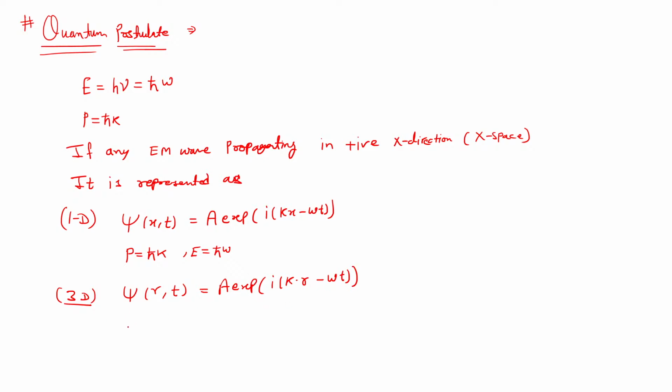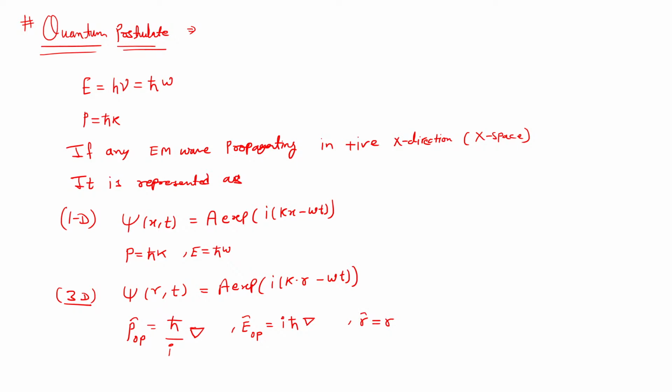Now what will the operator form be in this case? h cut over iota and del over del x was there, as we saw in the last slide. Instead of just del over del x, we will have del over del x, del over del y, del over del z. In that scenario, we can simply use the operator del. For the energy operator also, we have iota h cut with del over del t, and position, which is r, will remain as r.